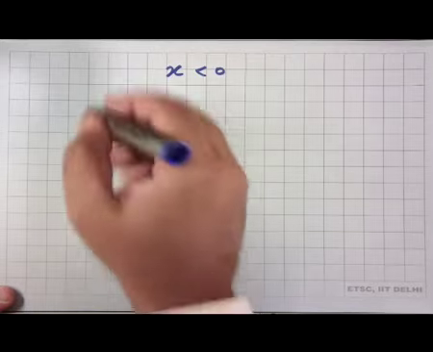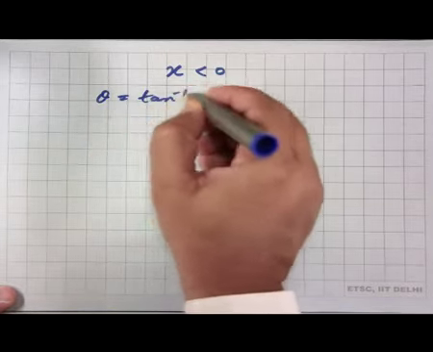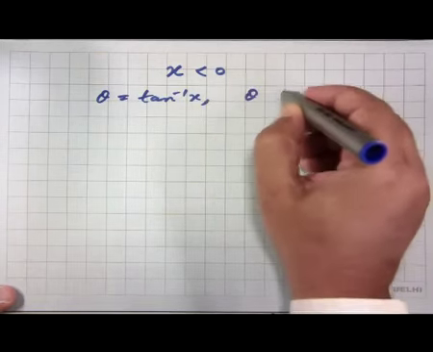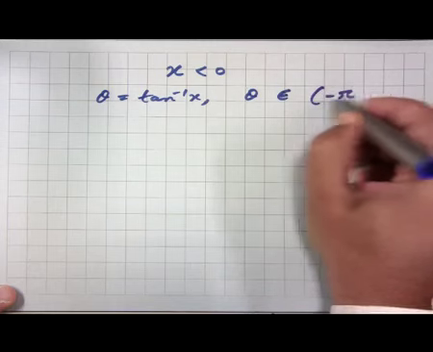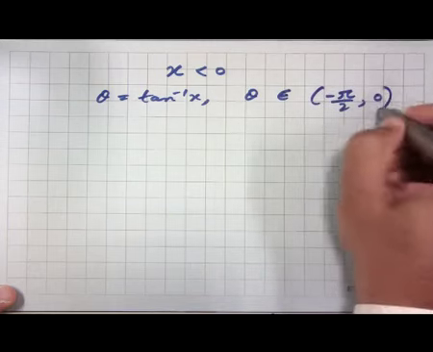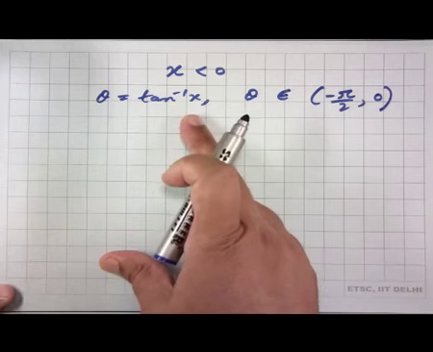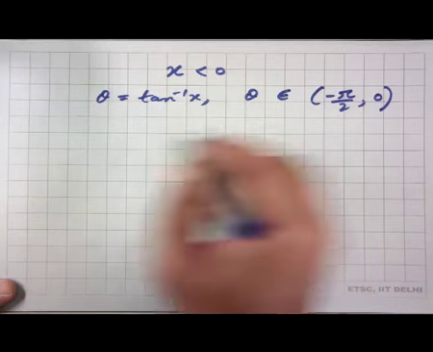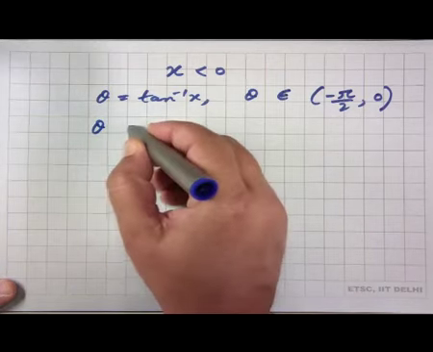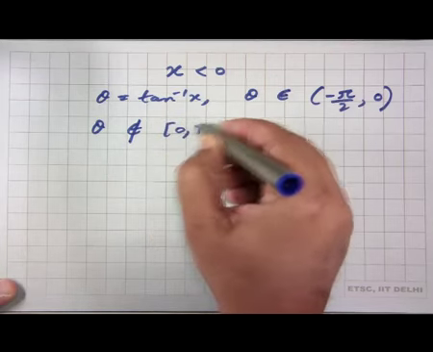Now, when x is negative, then theta equal to tan inverse x will belong to the set minus pi by 2 to 0. This is because this again is from the graph of the tan inverse function. But in this case, we clearly see that theta does not belong to 0 to pi.